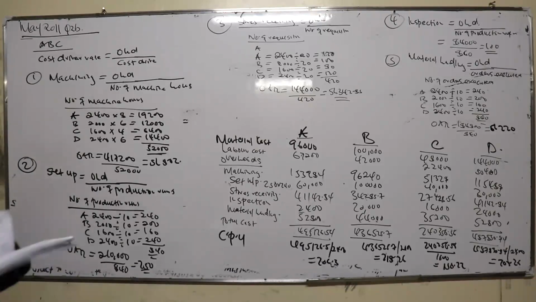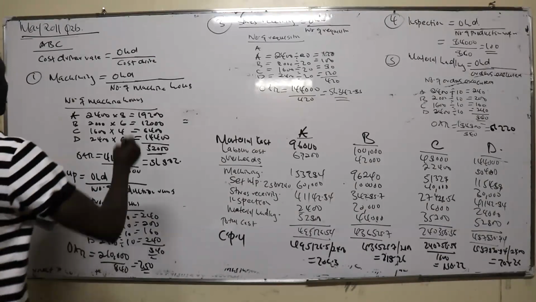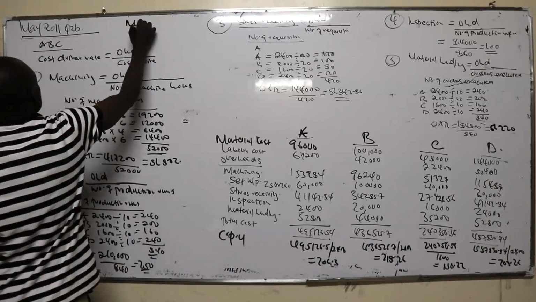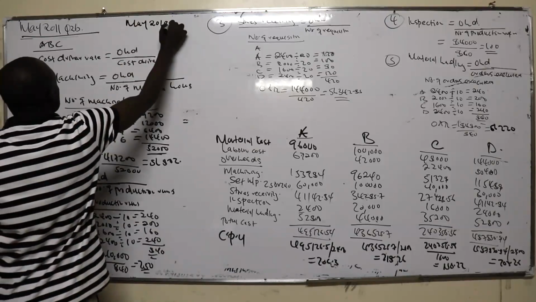So now you will attempt this one in your own free time. You attempt May 2019, question number 3B.